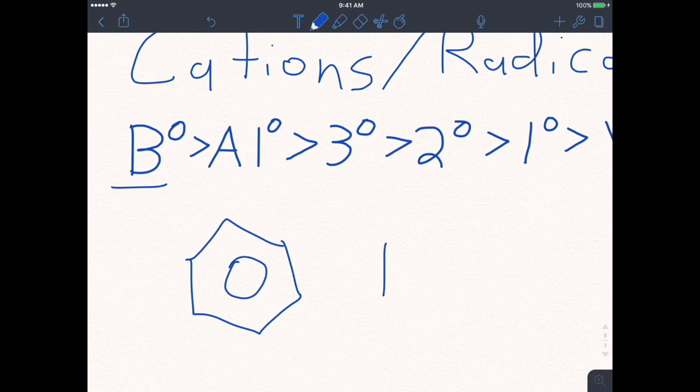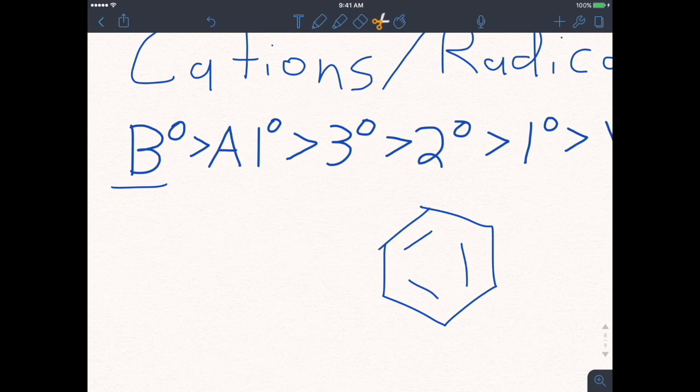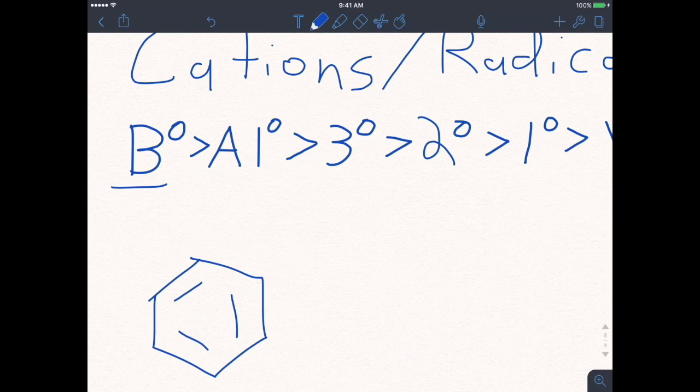It could also look like this as well, and sometimes you'll see it abbreviated Ph. Anyhow, I'm going to use the most common one you'll see, but the important thing is this is a benzylic position, so it's different than a benzene.